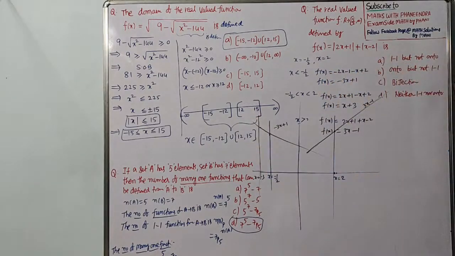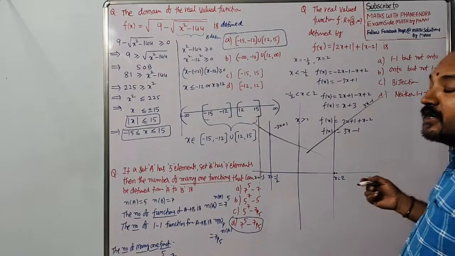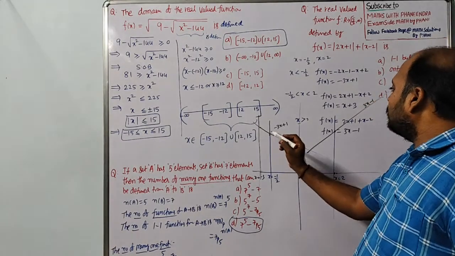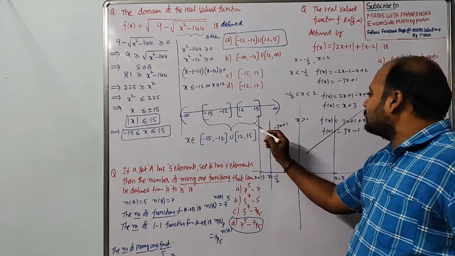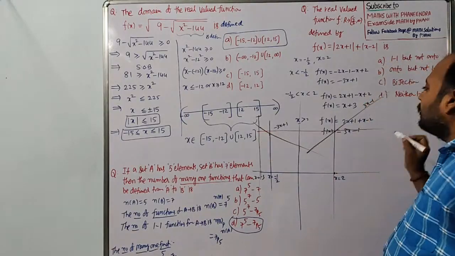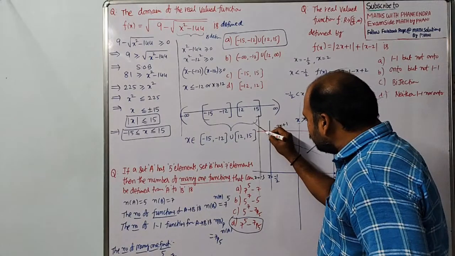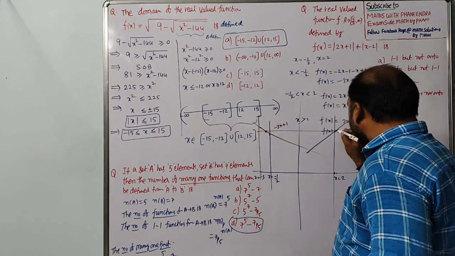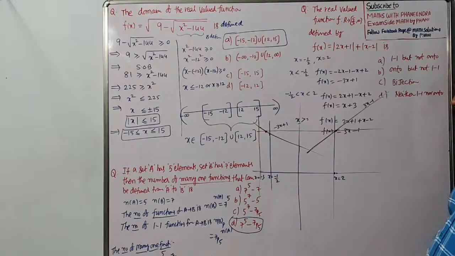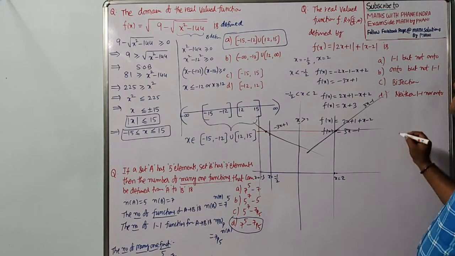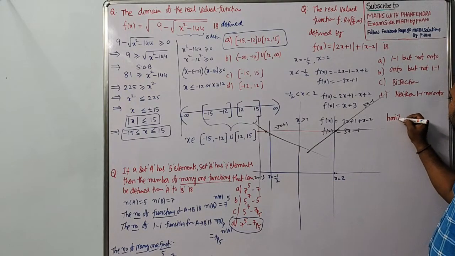See, here one important thing, horizontal lines. Suppose you draw for these two lines one horizontal line. The horizontal line cuts the curve in two distinct points. It is not one-one. This is an important point.